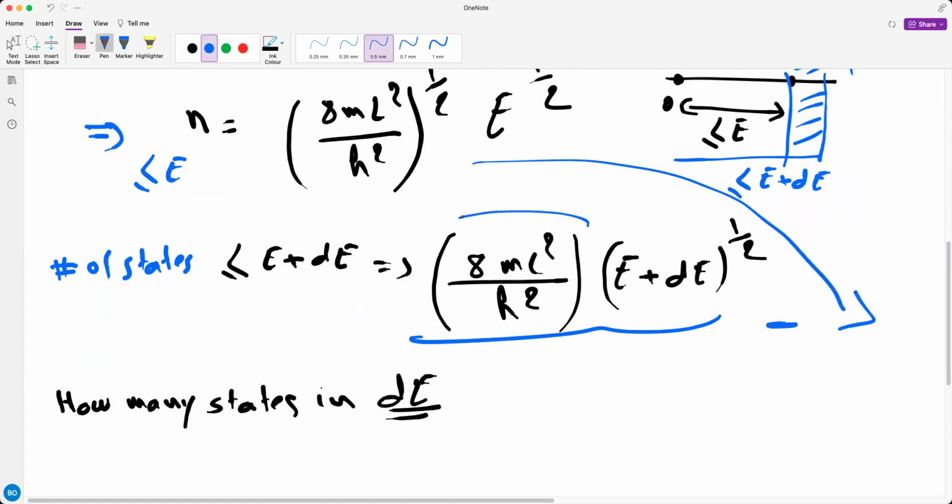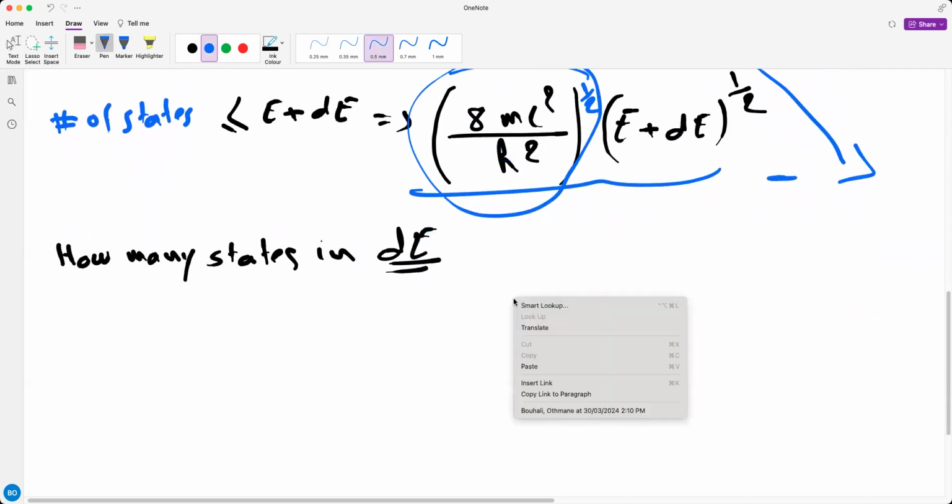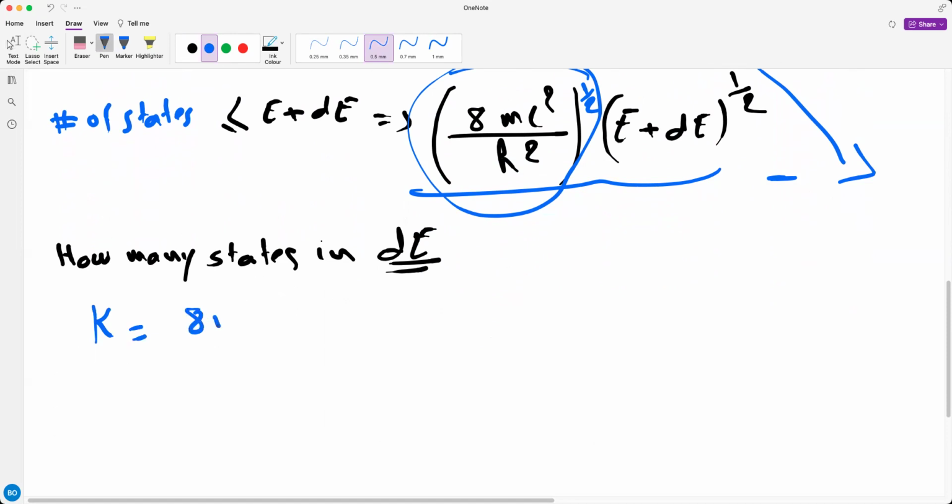There is a mistake here, it should be 1/2. Let's take this one, just for simplicity, and put it as a constant K. K is equal to (8 m L squared over h squared) to the power of 1/2.